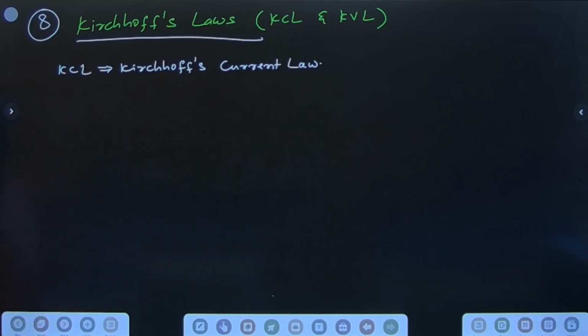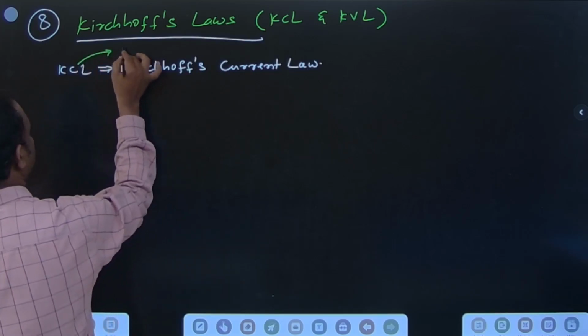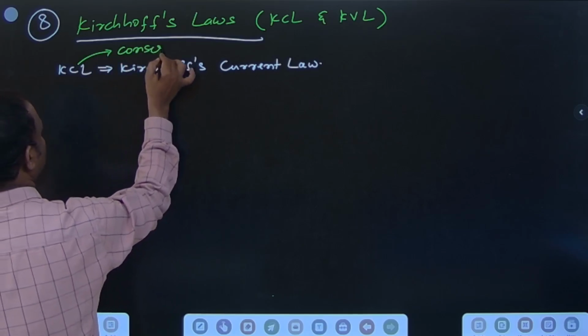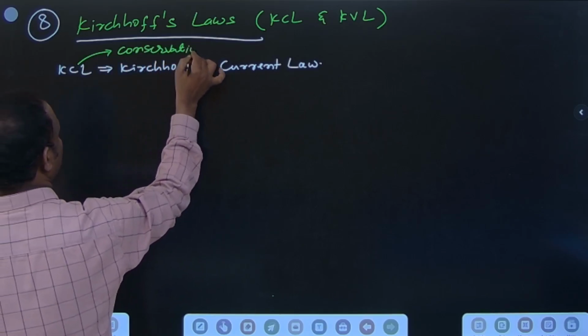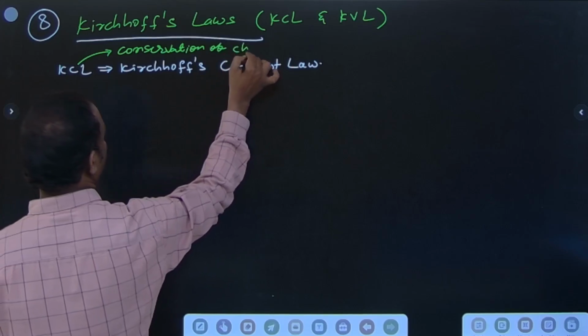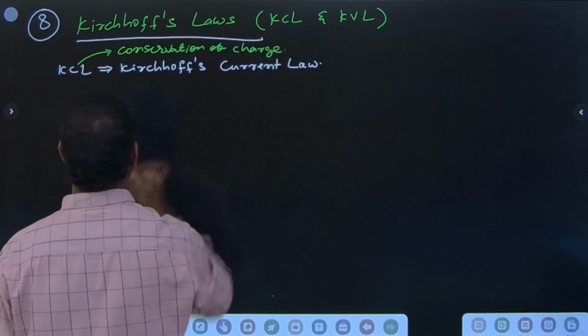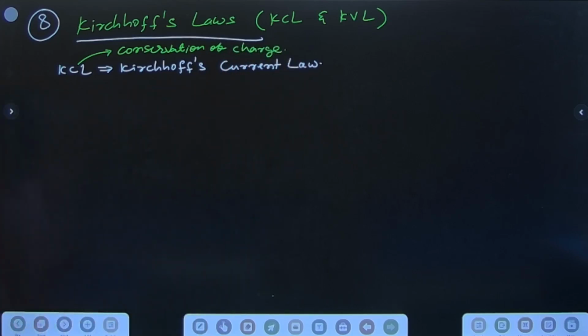What is the use of this? Conservation of charge.